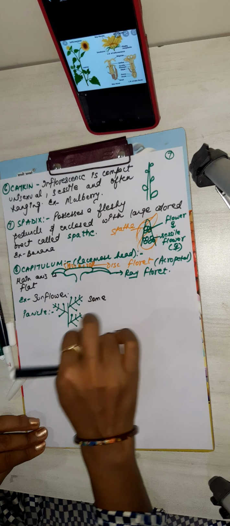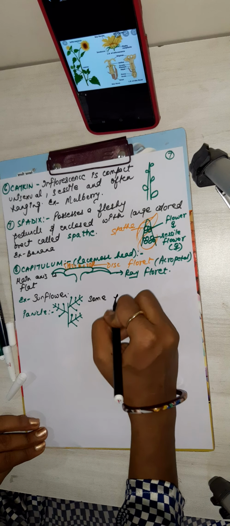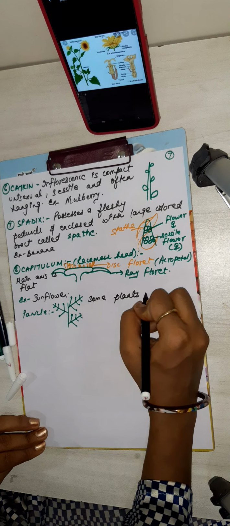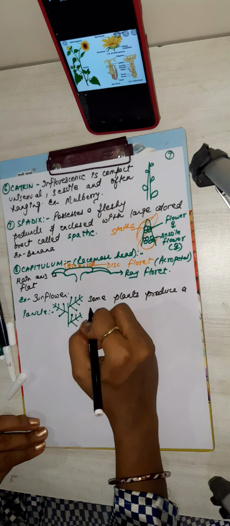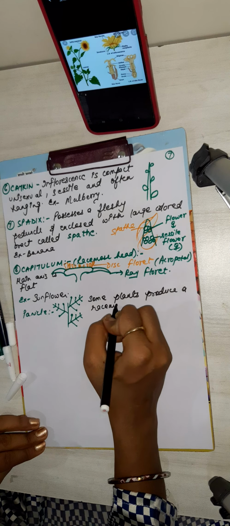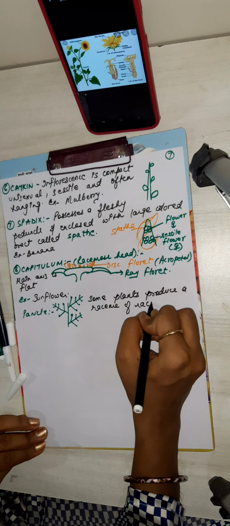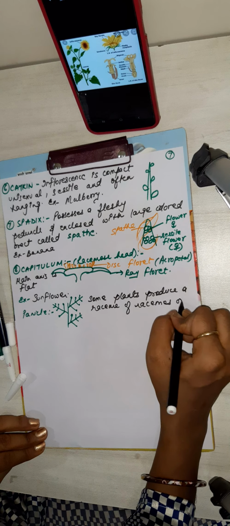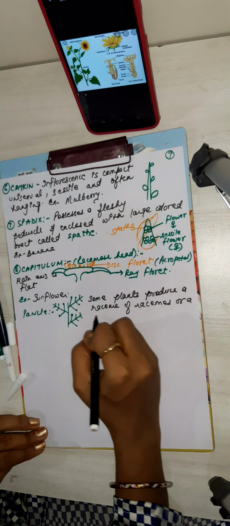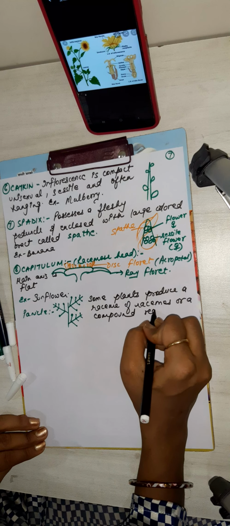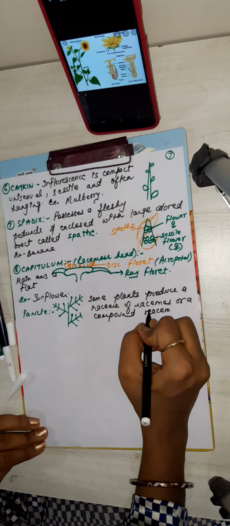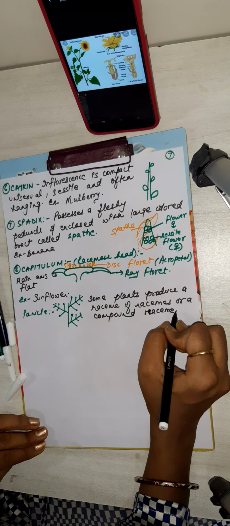एक रेसीम था, इसमें बहुत रेसीम है. Some plants produce a raceme of racemes or a compound raceme.